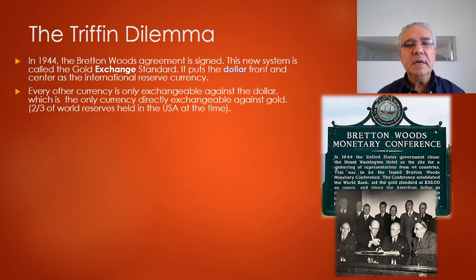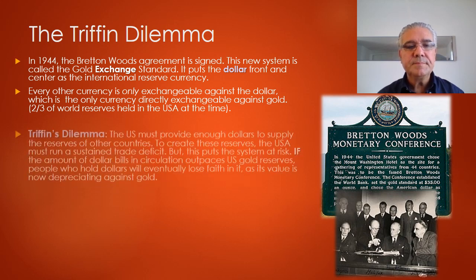Gold is no longer at the center of the international monetary system. The dollar is. So all other currencies are exchangeable against the dollar, and only the dollar is exchangeable directly against gold, because at that time, the US owns about 2/3 of the gold reserves in the world.